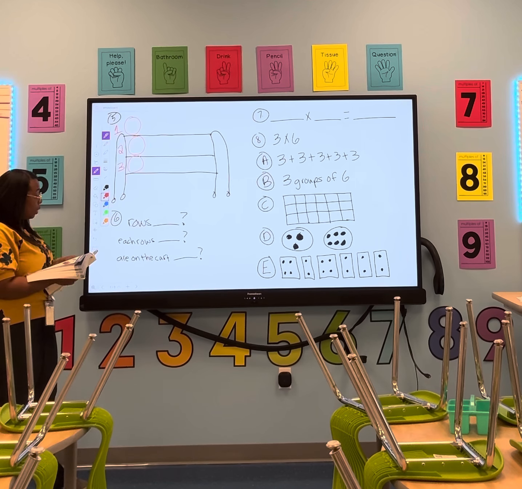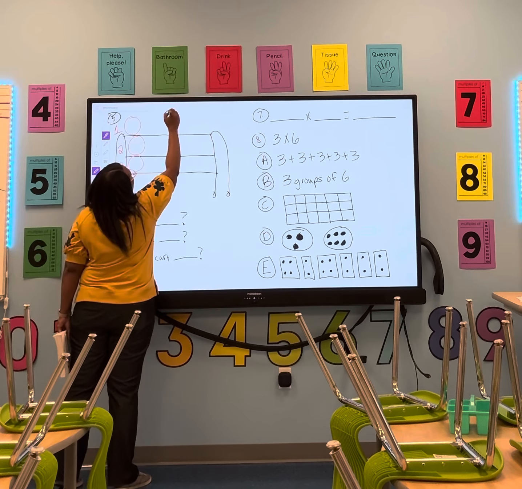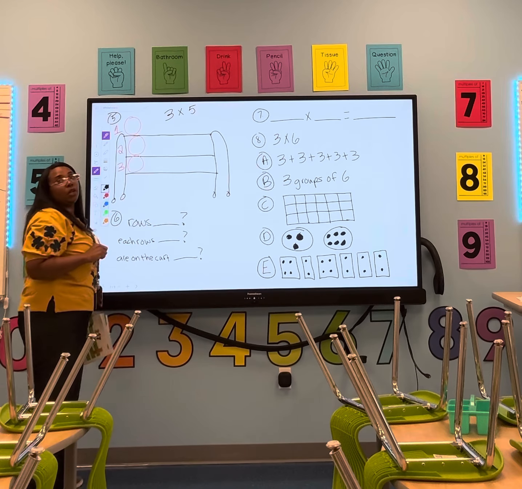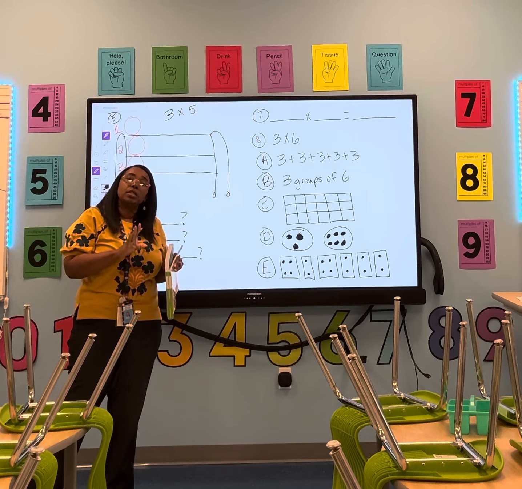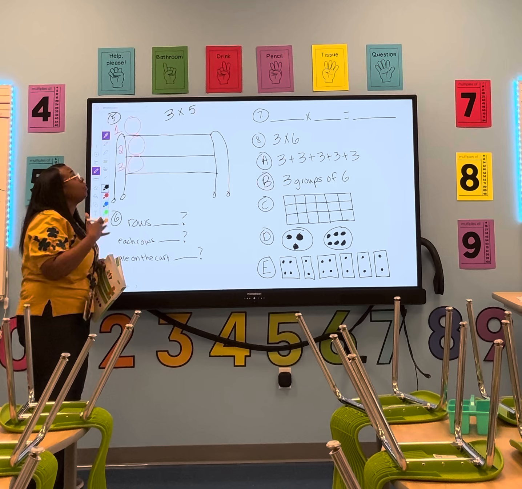Okay, so I have 3 times 5 is the expression they want me to use. So I'm going to put that expression up here. 3 times 5. So when you are looking at an array, the first number in the multiplication expression is going to be the rows.